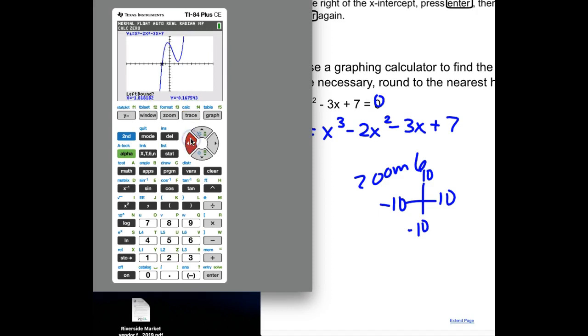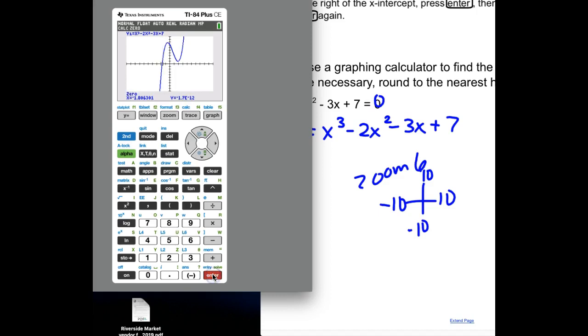So based on the slant of that portion of my graph, to the left of the x-intercept would be underneath. I'm going to lock that cursor in, and then I'm going to move just above or to the right of where it crosses the x-axis, hit enter again. Notice I have 2 vertical lines on my calculator. It's going to look between those 2 to find where it crosses the x-axis.